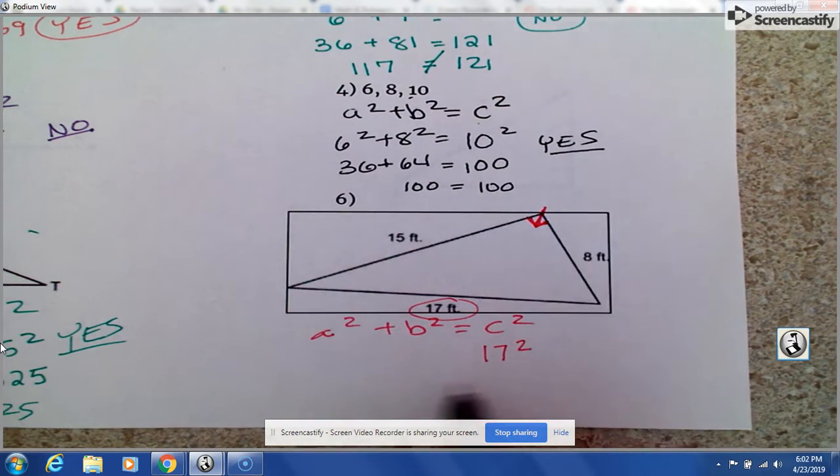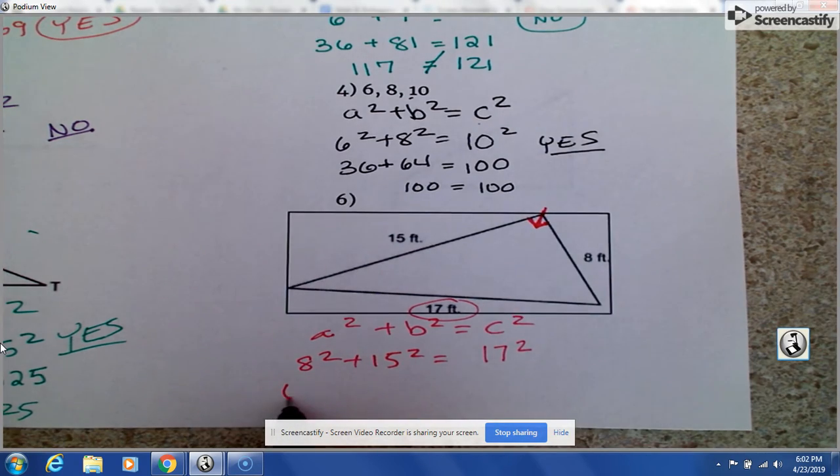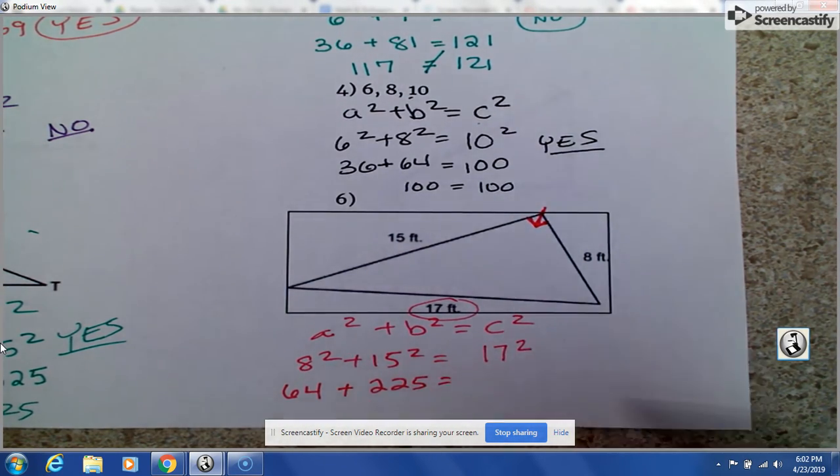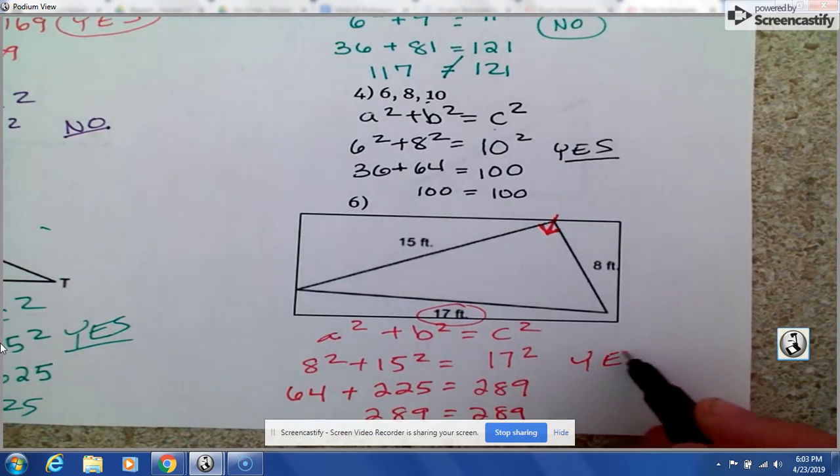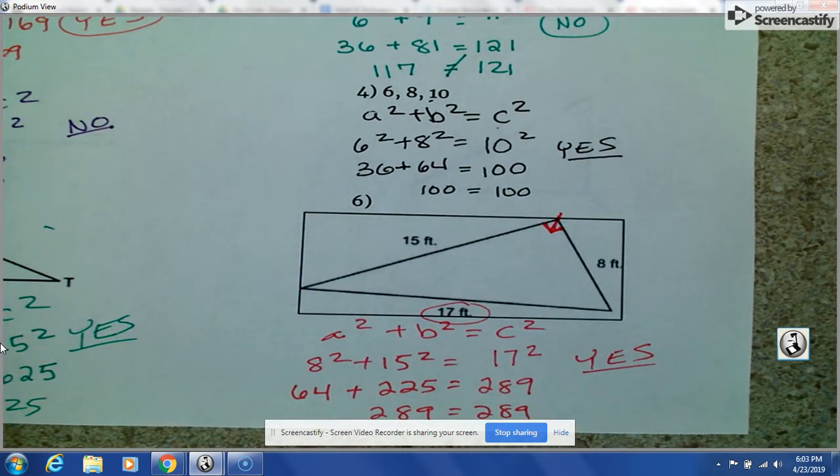So you could draw that, okay? So 8 squared plus 15 squared equals 17 squared. That's 64 plus 225. And that is going to give me 289, I hope. And it does. Those two added together is 289. So yes, this is a right triangle.